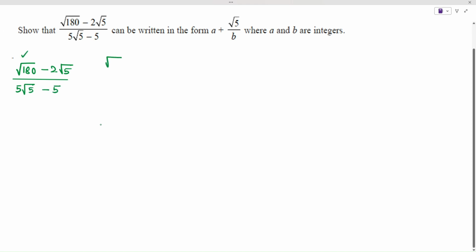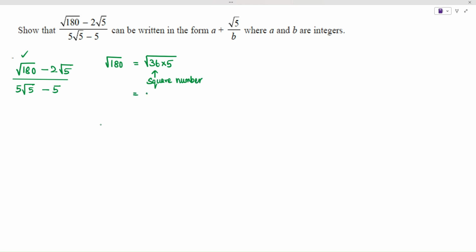Now simplify root of 180. That gives us root of 36 times 5, and 36 is a square number, so we square root 36 and bring it out of the root.